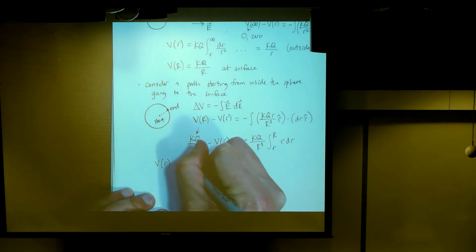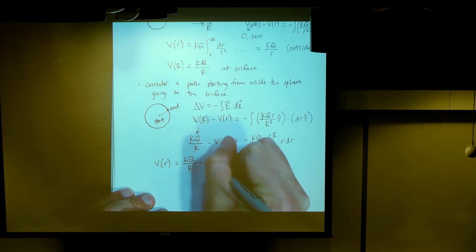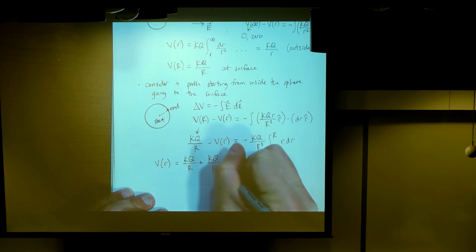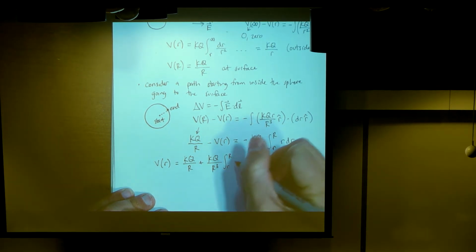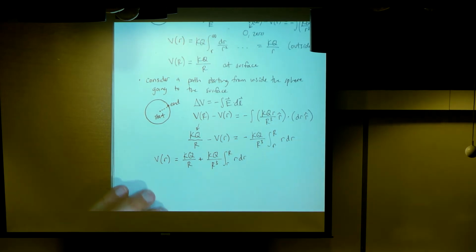I end up with KQ divided by big R plus KQ divided by big R cubed times this integral, which is R dr. Okay, so just to rearrange to solve for what we want, that's what we have. Does that make sense? Now, we actually have to evaluate this integral.